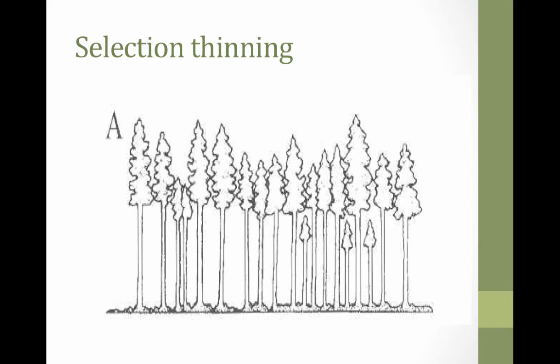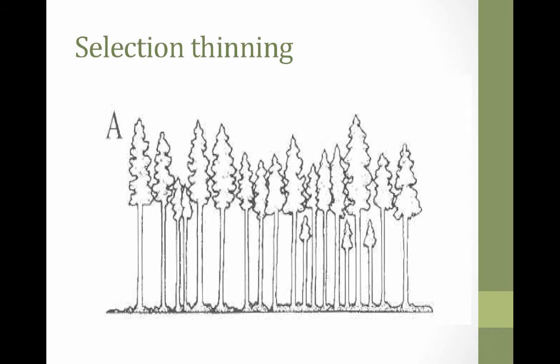So selection thinning. Again, we're thinning the dominants. This is probably not the best picture to show this, this wouldn't look like a high grading, but let's say if we can imagine maybe our dominant trees are less desirable species. So we don't like the dominant species and we want to remove it.